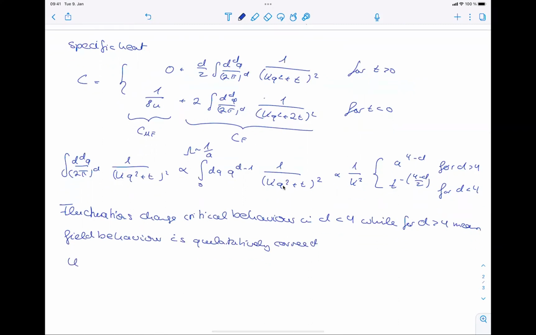And this now defines the upper critical dimension, which tells us above which we expect mean field results to be true.